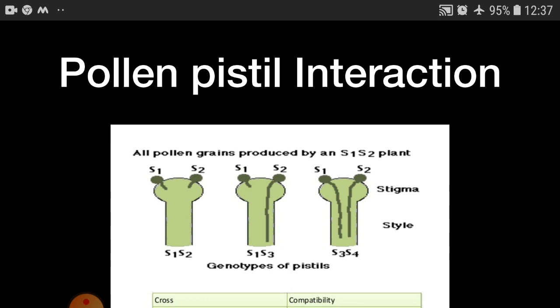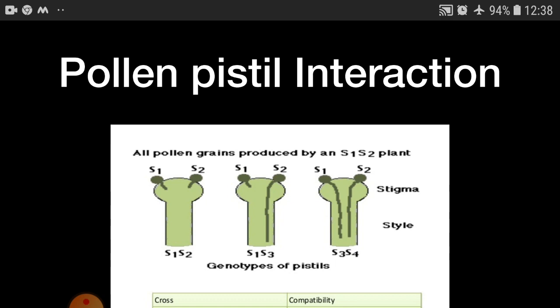This is a chemical dialogue, mediated by chemical components of the pollen which interact with those of the pistil. These interactions lead either to the acceptance or rejection of the pollen grains. So this is a sort of chemical acceptance or chemical rejection.